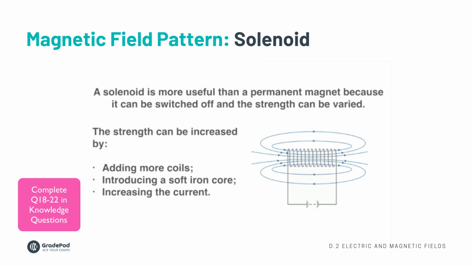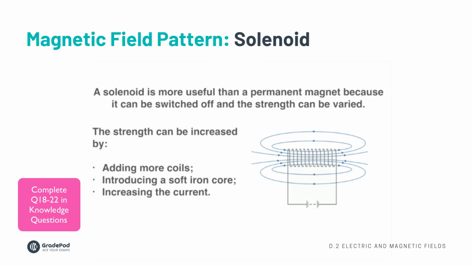We can introduce a soft iron core into the centre here. So instead of leaving it full of air, we can put a soft iron core in there. What soft iron does is it magnetises in the event of a magnetic field being placed near it. So that strengthens the magnetic field inside the core of the solenoid. And the third thing we can do is increase the current moving into the solenoid.